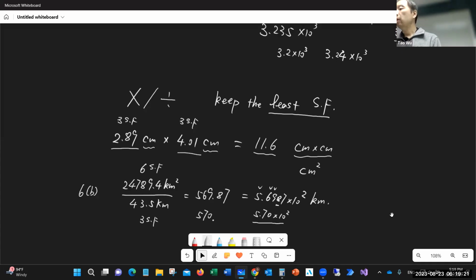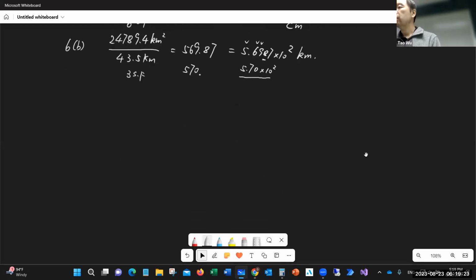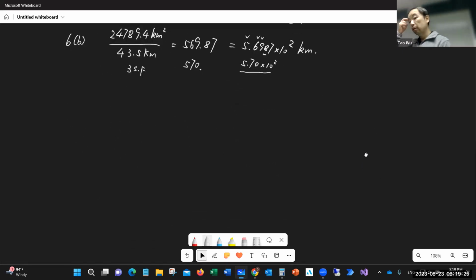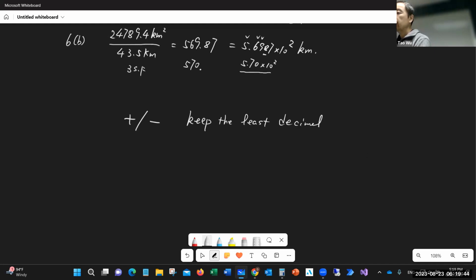But when we do addition and subtraction, it's going to be a little bit confusing, so you need to practice on this. For addition and subtraction, the rule is keep the least decimals. Keep the least decimals.